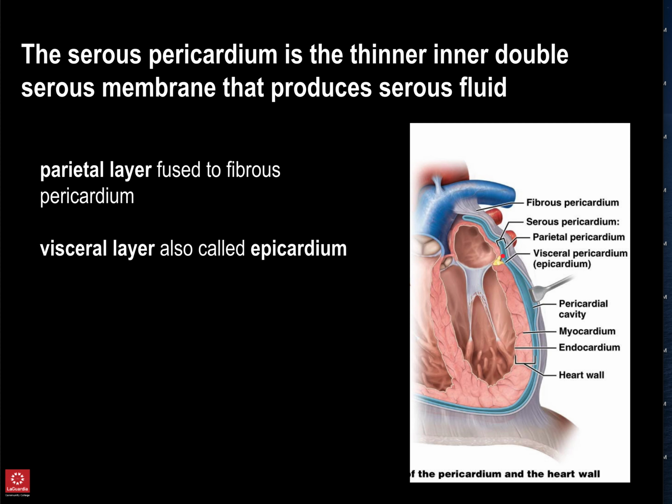Okay, so the serous pericardium is a thinner inner double serous membrane. It produces serous fluid, and the parietal layer is fused to the fibrous pericardium, where the visceral layer is also called the epicardium. And you'll remember that the word epi comes from the word meaning upon or on top of.